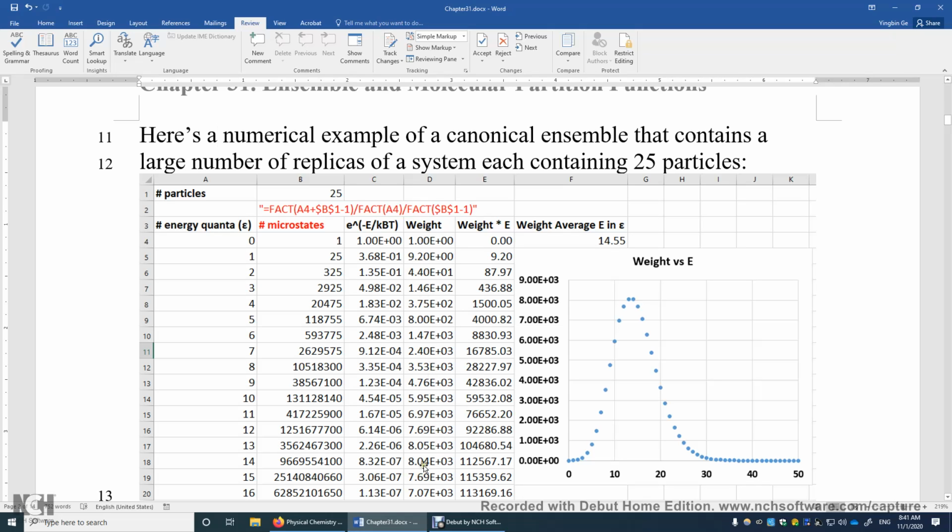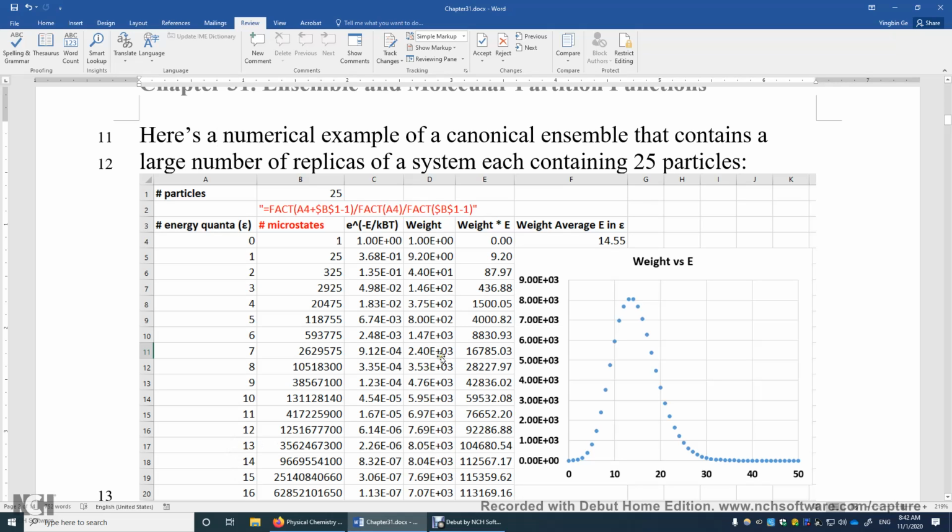And this weight reaches the maximum here and here. These 2 numbers are very close to each other. So when this 25 particle system has 13 or 14 energy quanta, the weight of that replica reaches the maximum.